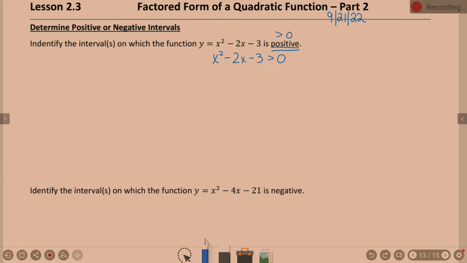So let's think in terms, for a moment, of x squared minus 2x minus 3 equals 0. And the first thing we're going to do is factor this. I'm going to put some steps over here, but we're going to factor to find the zeros.